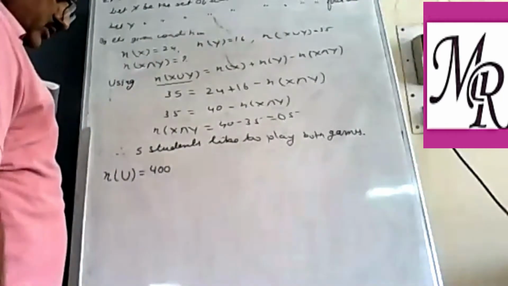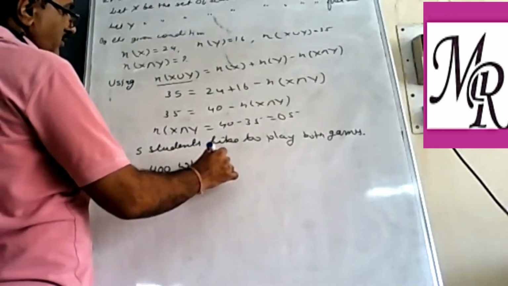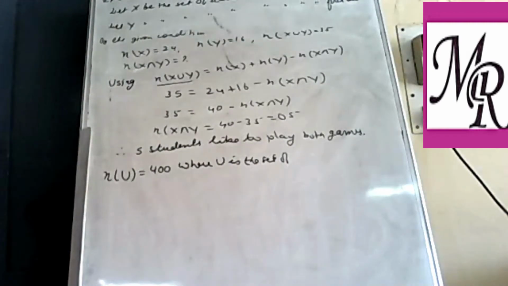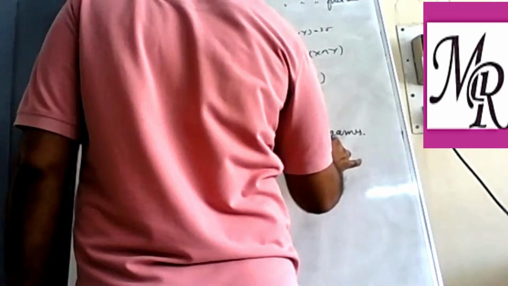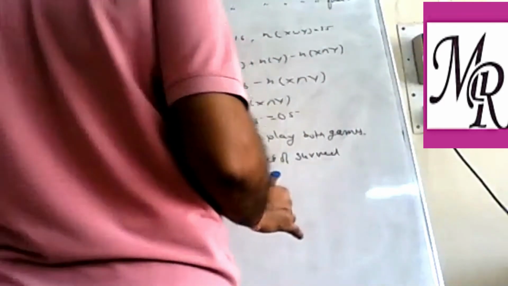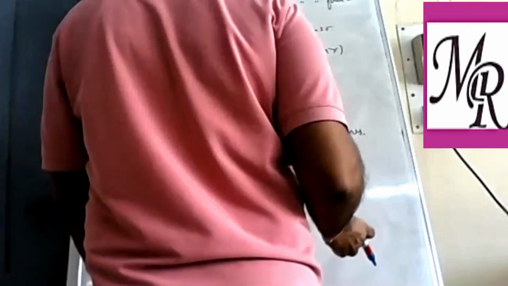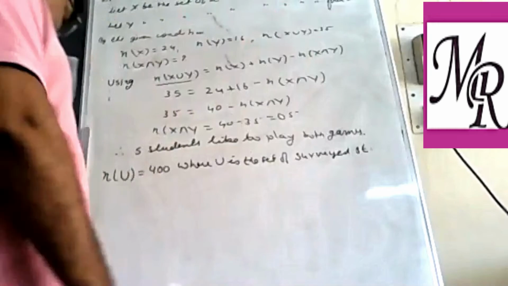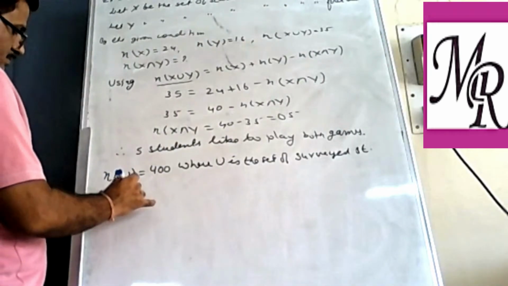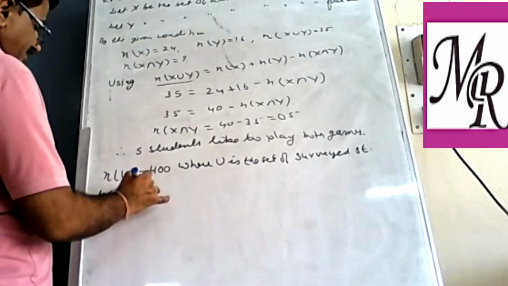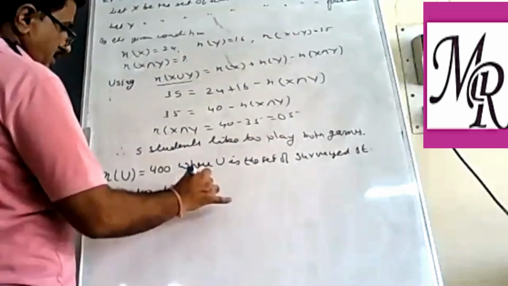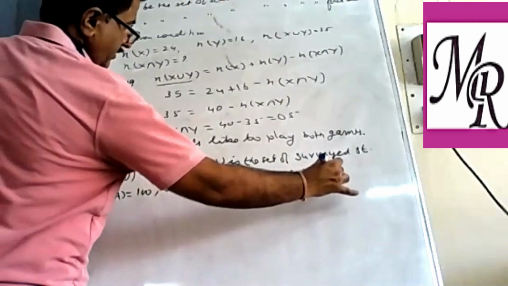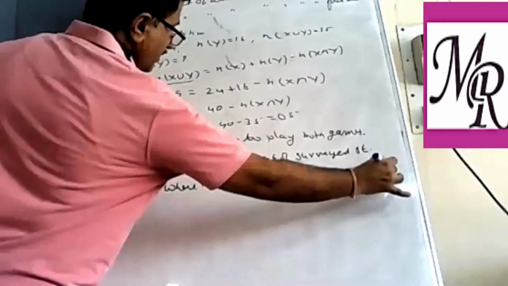So here you denote U as the set of students, and A denotes the set of students taking apple juice, where n(A) is given as 100, right?